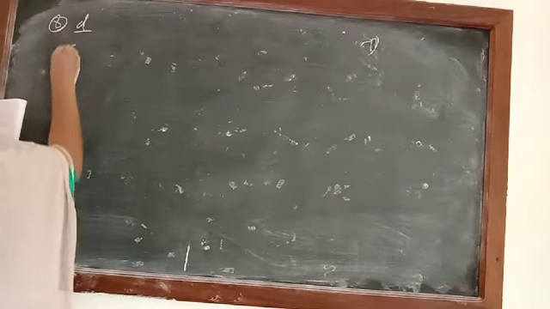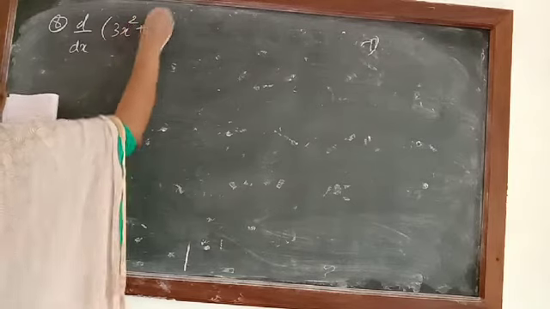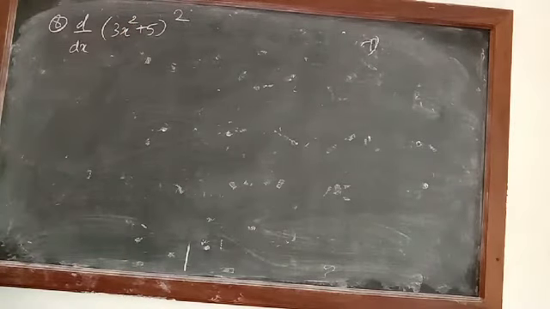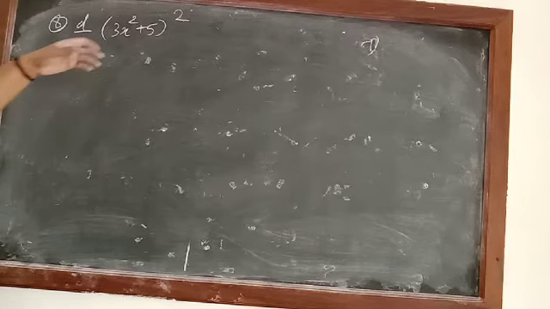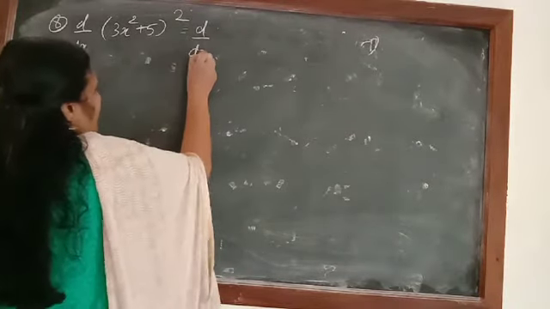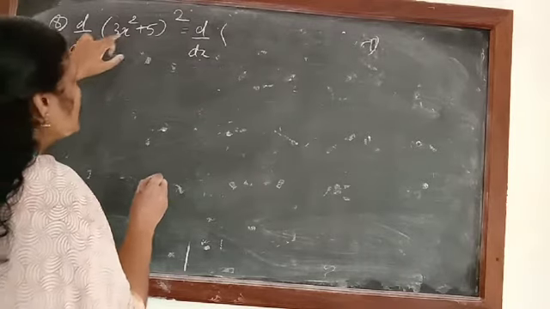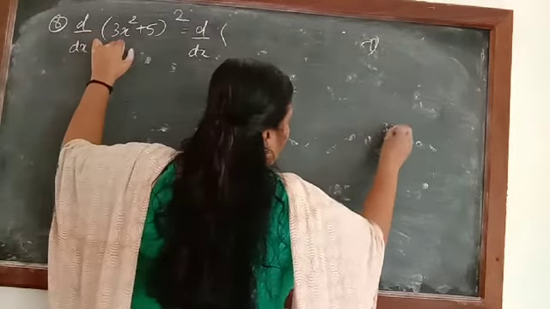d by dx of 3x square plus 5 the whole square. Okay. What will come? Can we expand it using an identity? Then it will be easy for us to do the differentiation. So according to the formula, a square, so 3x square the whole square will come.